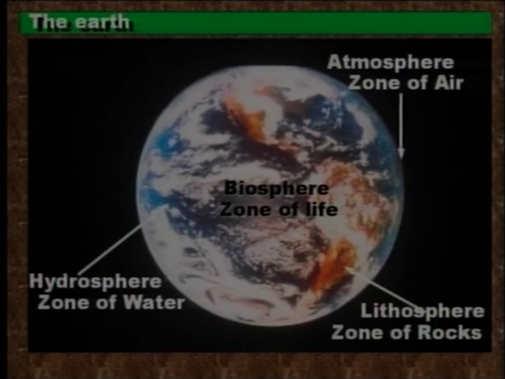And those different spheres are: the first one given atmosphere, the second one lithosphere, the third one hydrosphere, and the last one biosphere. So you are now asked to explain what each of those spheres are a zone of.